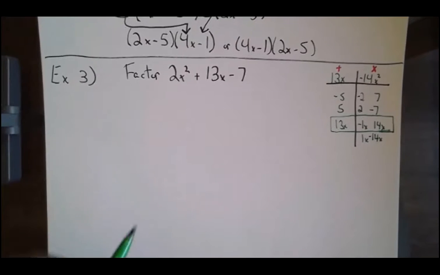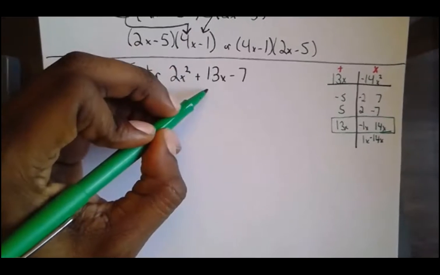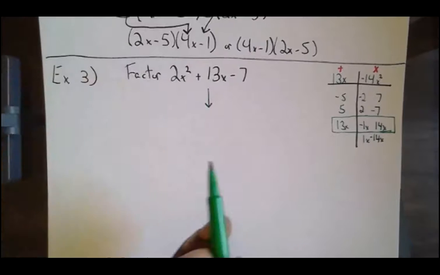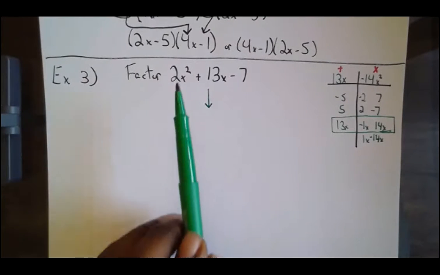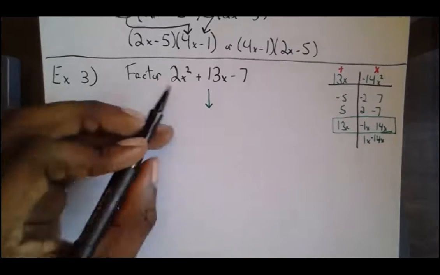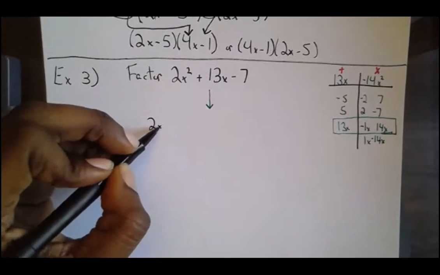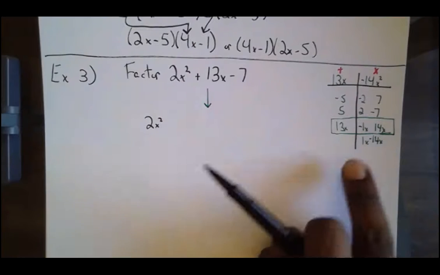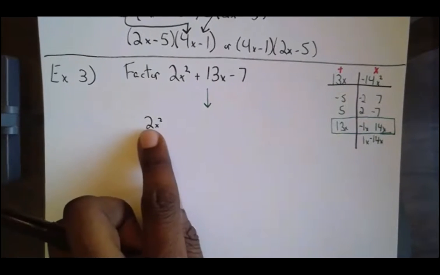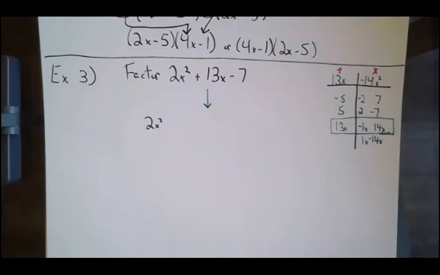All right, now I want you to think about this when we write it as 4. Because you know we're going to be writing the 2 first, right? Yeah. And we know that we have to replace the 13 with the 2 numbers from the chart. Which of these numbers goes better with 2? The 14 or the 1?